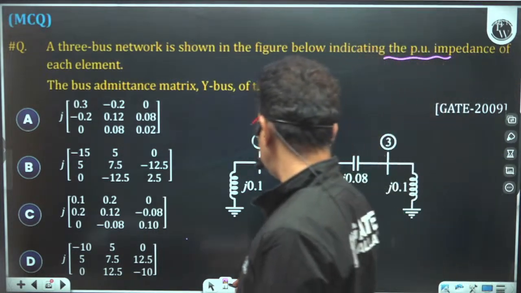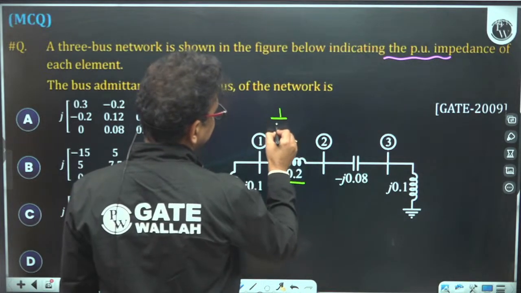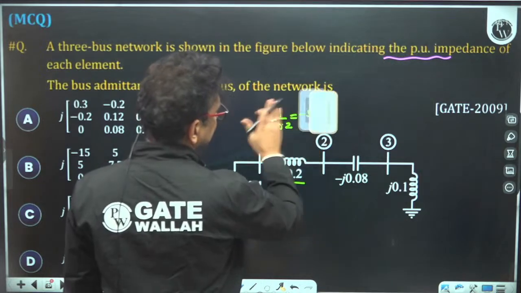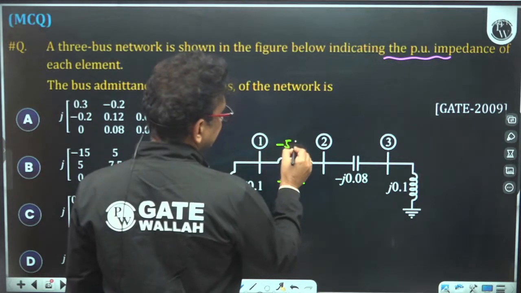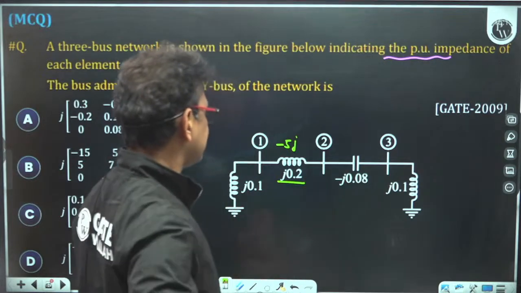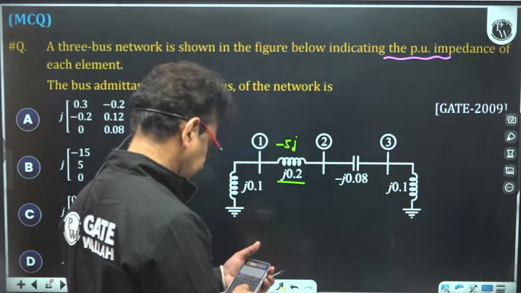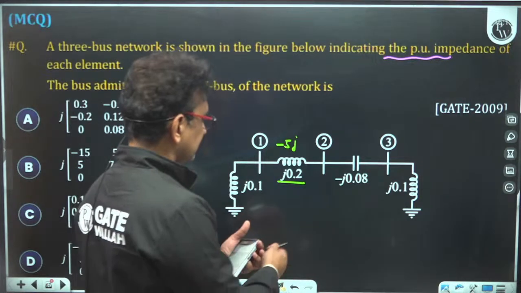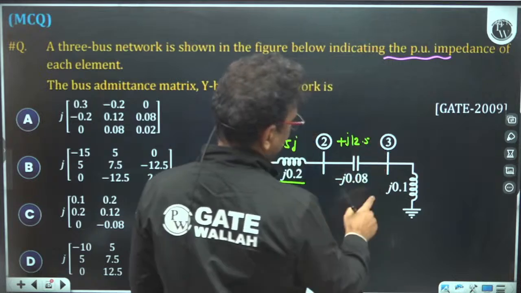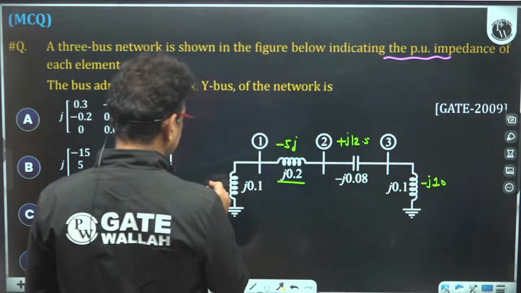So first convert into admittance. 1 upon j0.5 is minus 5j. 1 upon 0.08 is 12.5, minus j becomes plus j12.5. Minus j10. Do the inverse of every quantity, minus j into 10.